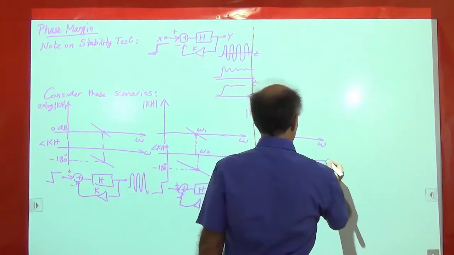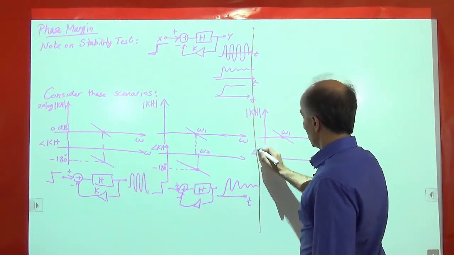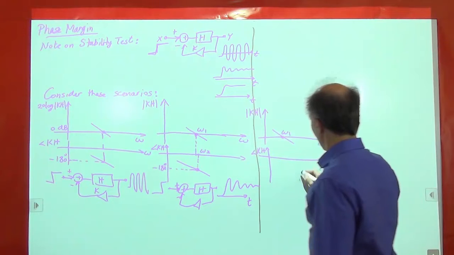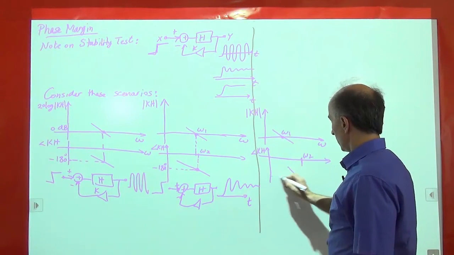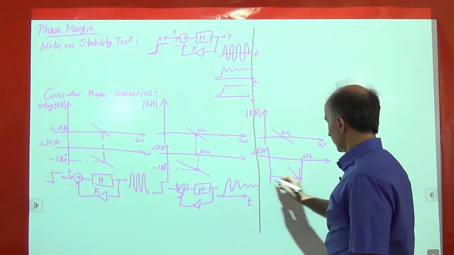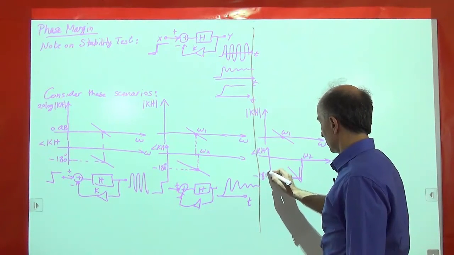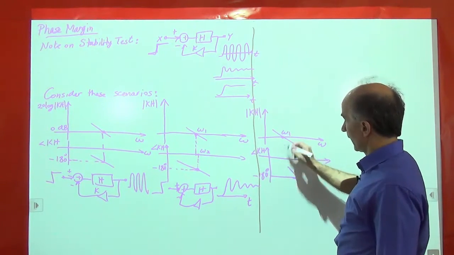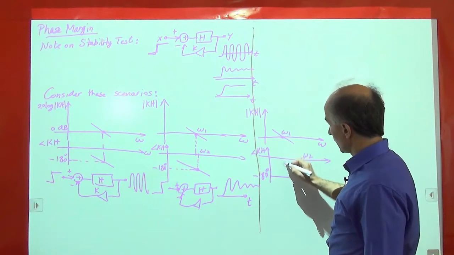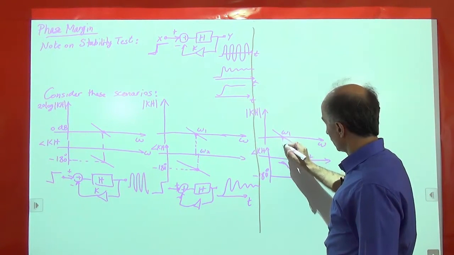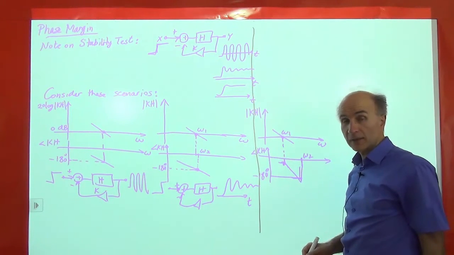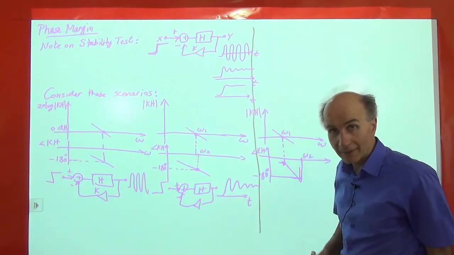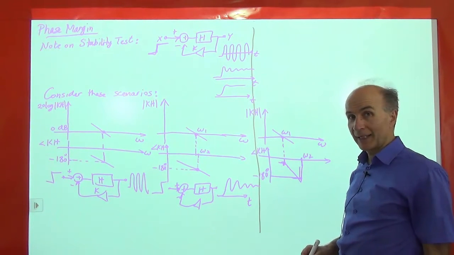Then we have the phase of kh, and that happens over here at omega 2, minus 180 degrees. These are far enough apart. So at omega 1, we have a phase that is sufficiently more positive than minus 180.